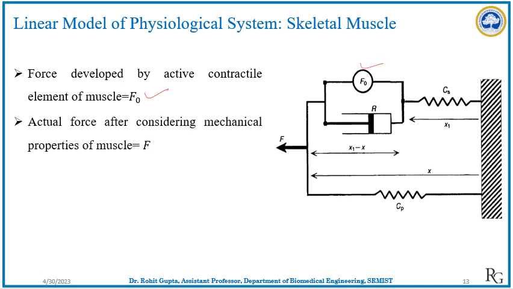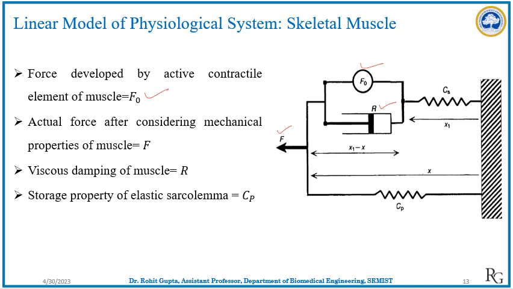Then the actual force after considering mechanical properties of the particular muscle is this force F. And the viscous damping of muscle is represented as a damper with the damping coefficient R. The storage property of elastic sarcomere is considered as Cp. So in the mechanical domain, the energy storing element is represented as the spring.